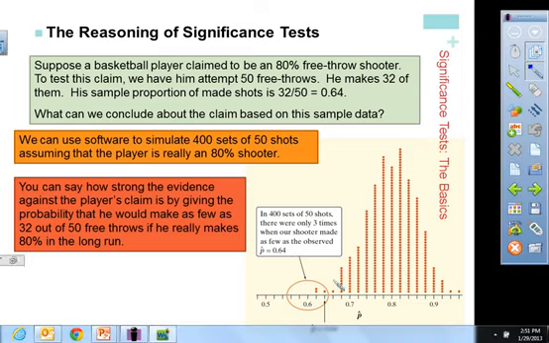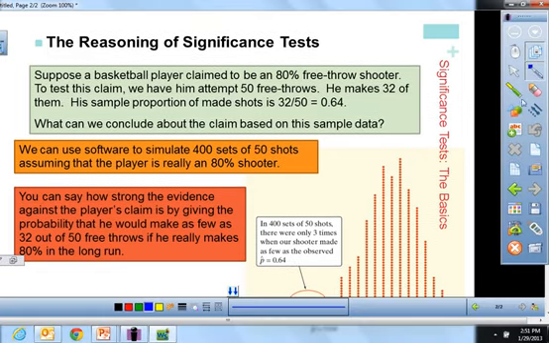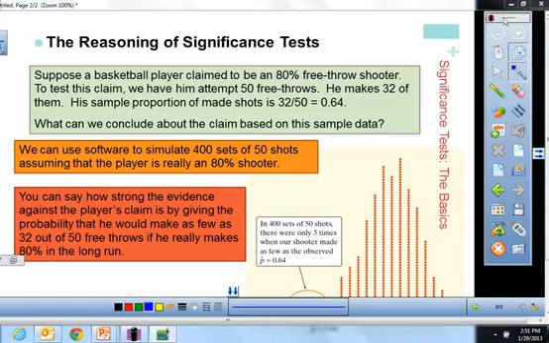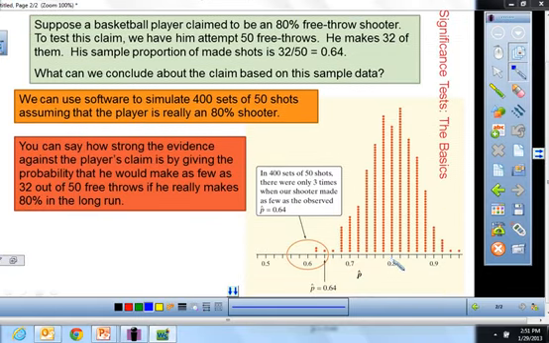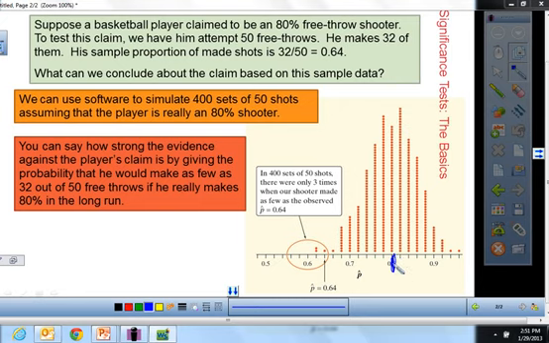Let me move this. All right, so what we're looking at here is where he actually should fall. This is given that the claim is true; this should be the distribution. That being the case, our person got a 0.64, or p-hat.